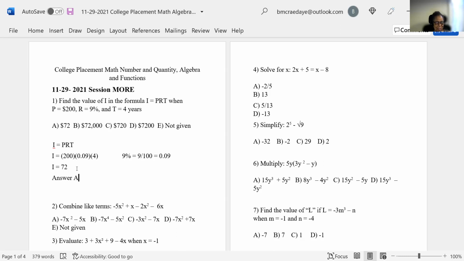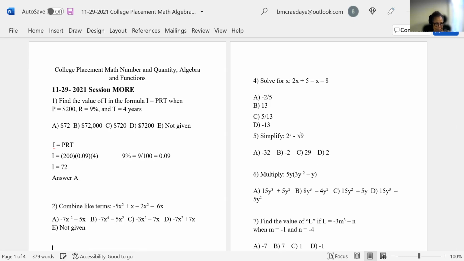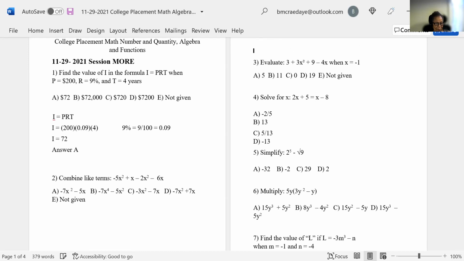Combining like terms. There's minus 5x squared plus x minus 2x squared and minus 6x. So your like terms are going to be all of your x to the second power, that's x squared. So there's a minus 5x squared, there's a minus 2x squared.